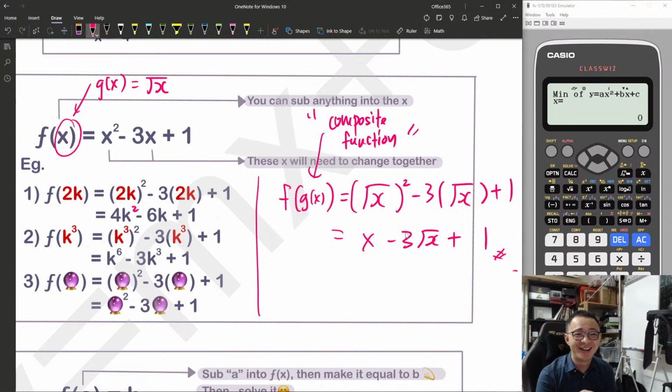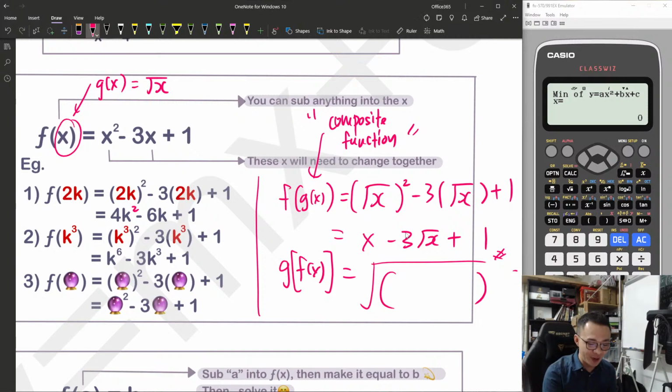But what if I make things more interesting? I sub f(x) into g(x). It becomes g(f(x)). My g(x) is square root x, I remember. So I will write the square root. My x, I'm going to put a bracket, because when I sub f(x) into g(x), I'm writing the g(x) here. g(x) is square root x, right?